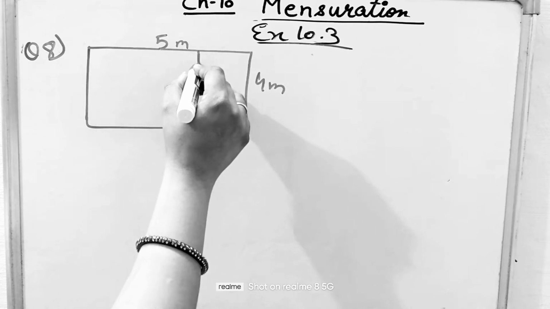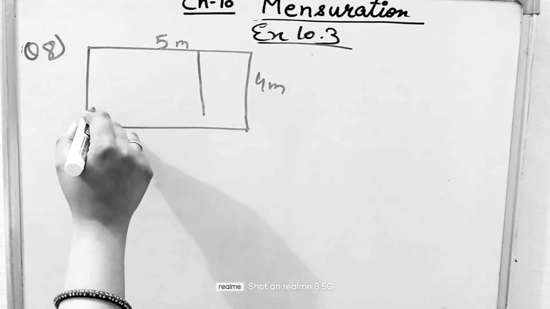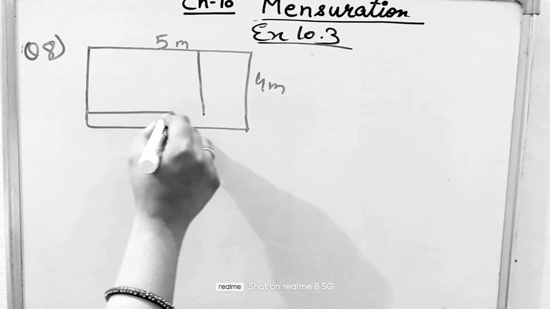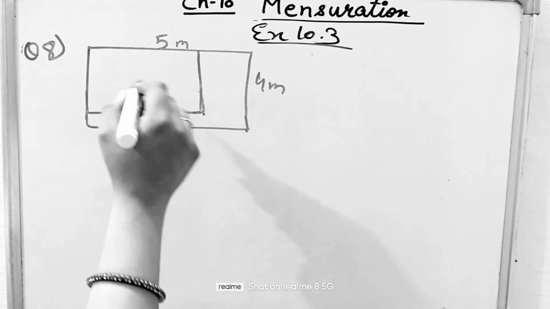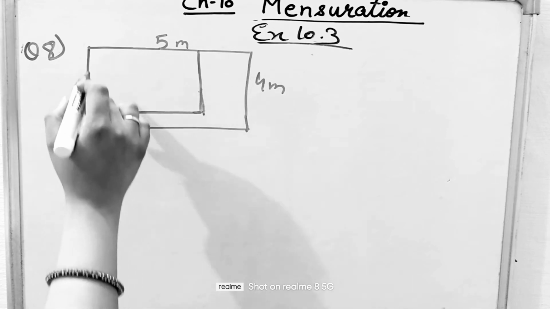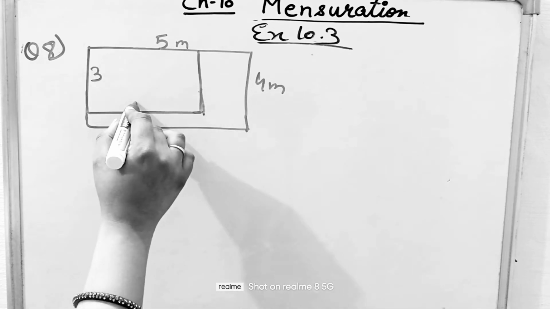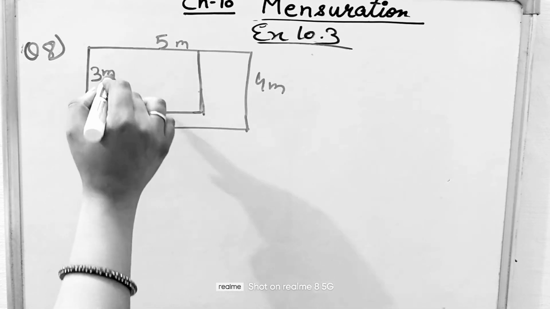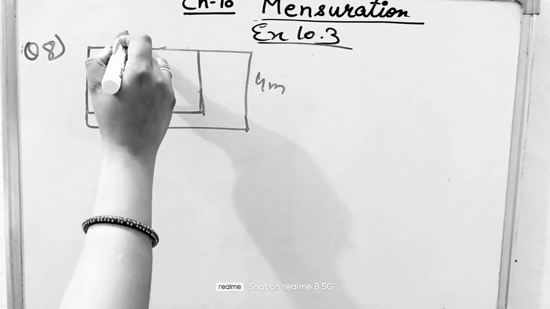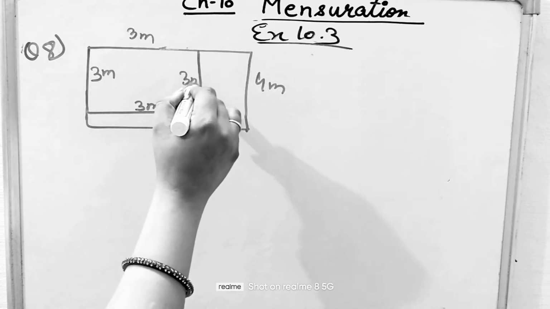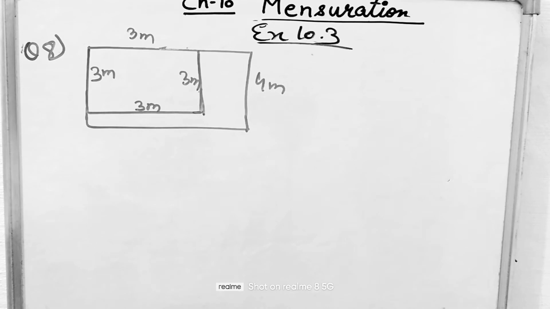So 3 meter square carpet is laid on the floor. This is a square and this is 3 meter, its side. Now you are asked to find the area of the floor that is not carpeted.